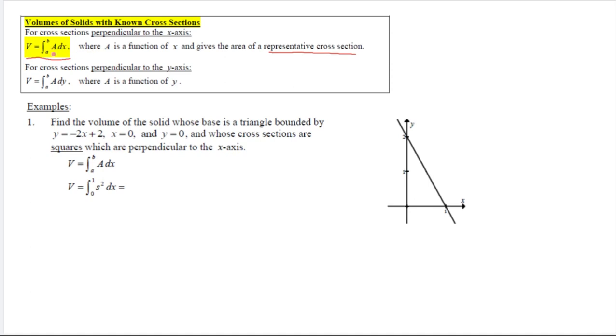This is when we're looking at things with respect to our x. These are typically vertical cross-sectional areas. And when we're looking at our y, we're looking at typically horizontal cross-sectional areas.